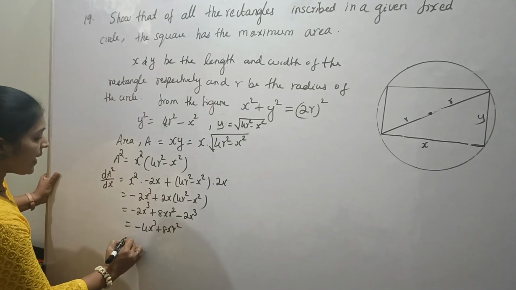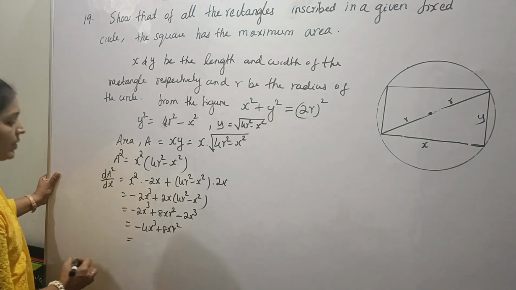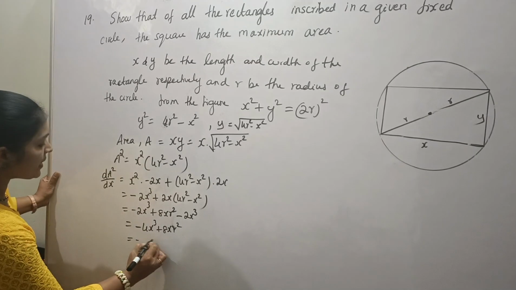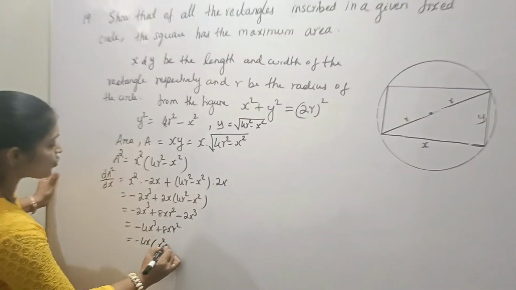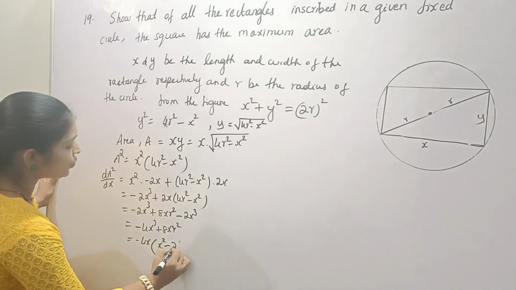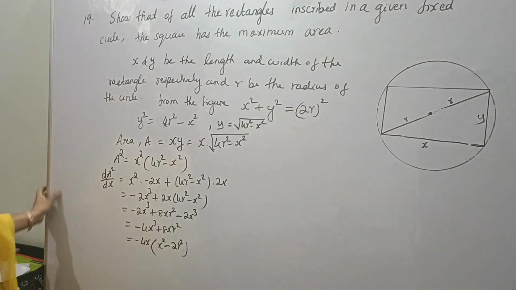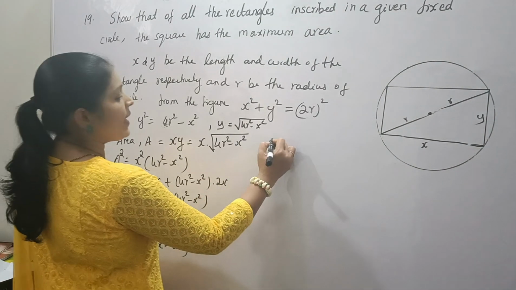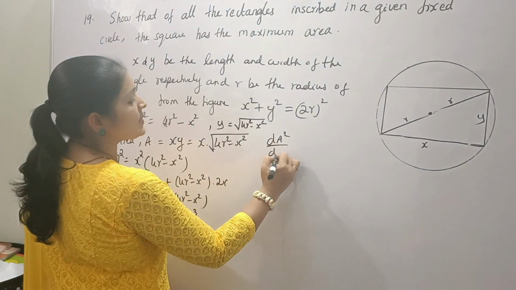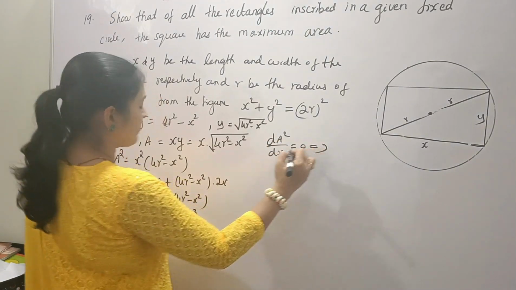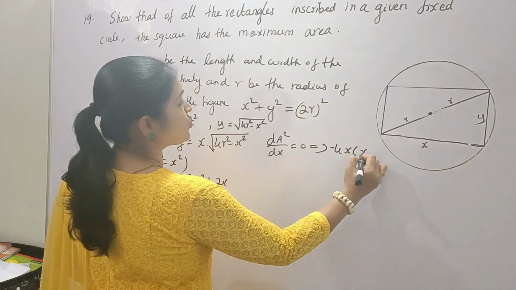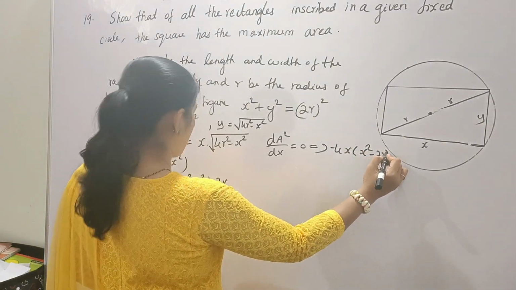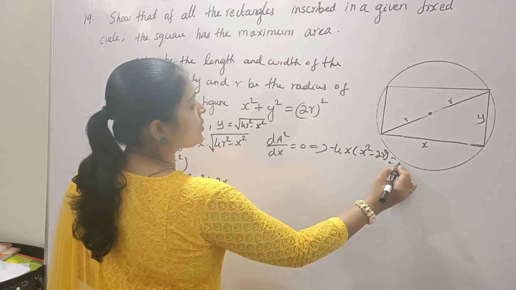So here x is common, right? That is minus 4x into x square minus 2r square. Okay, so here dA square by dx is equal to 0 implies minus 4x into x square minus 2r square is equal to 0.